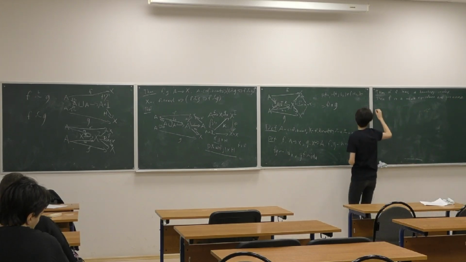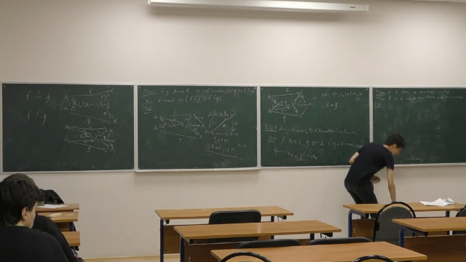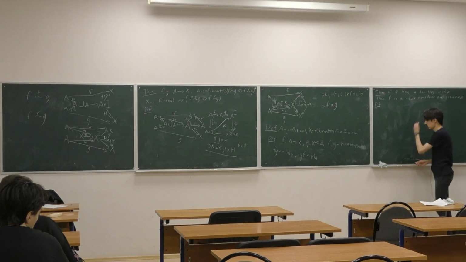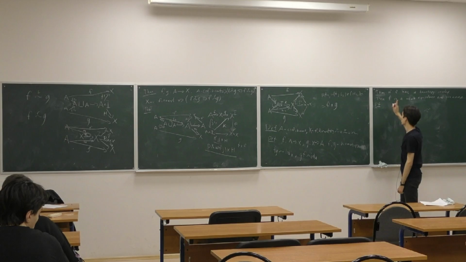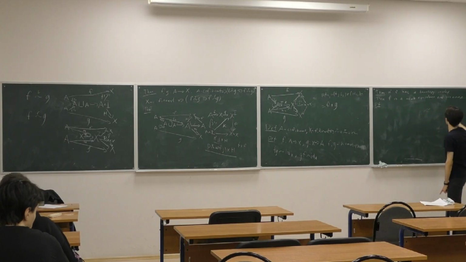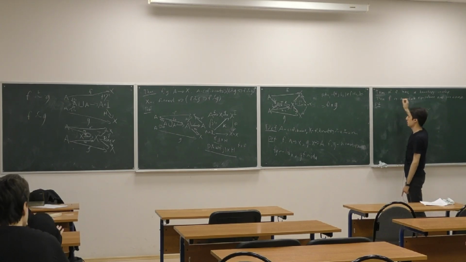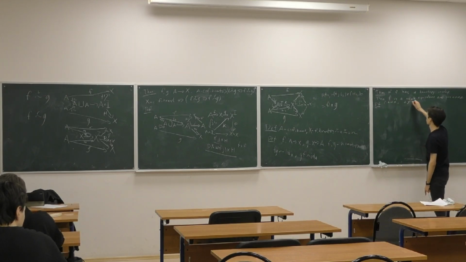Okay, let's prove it. Suppose we have a map from A to X. No, wait. I forgot some conditions, and this works if A and X are both fibrant and cofibrant.